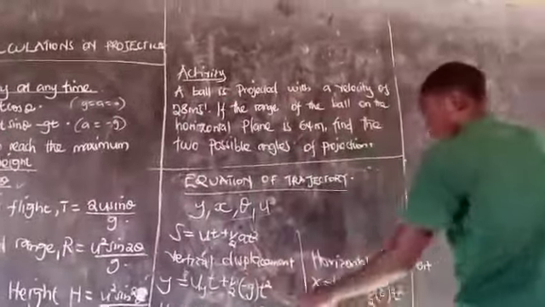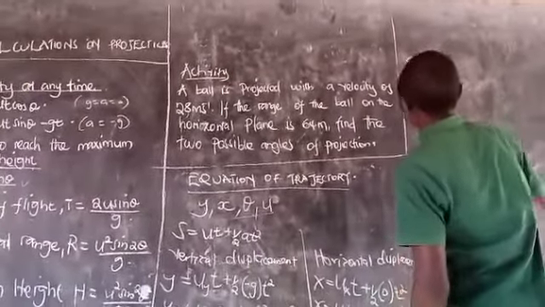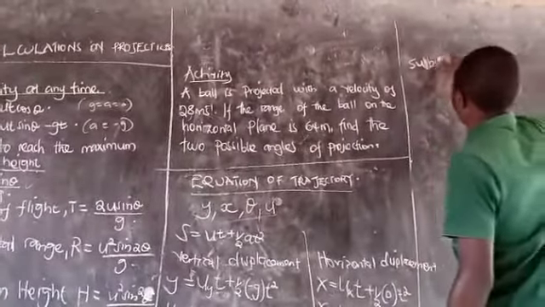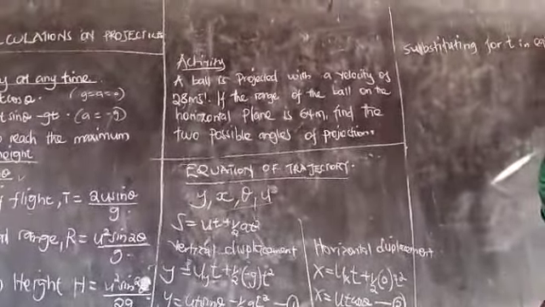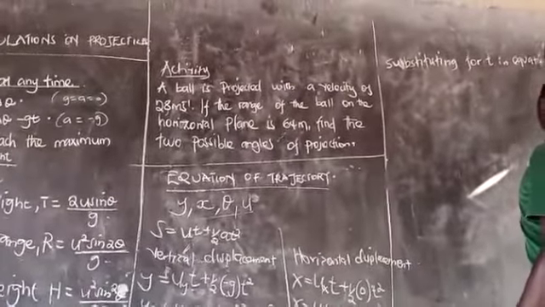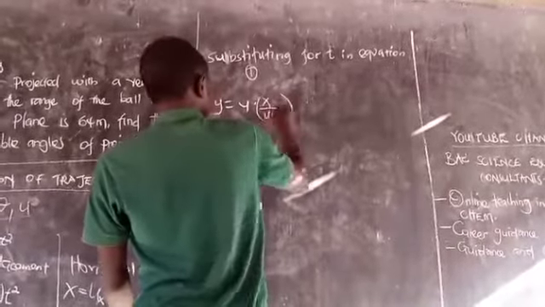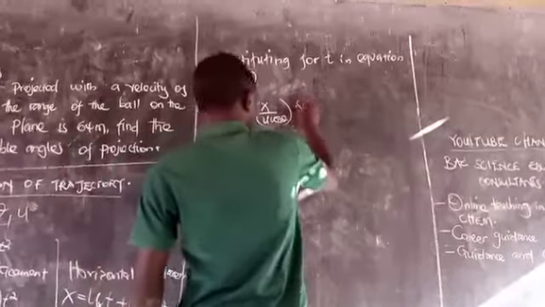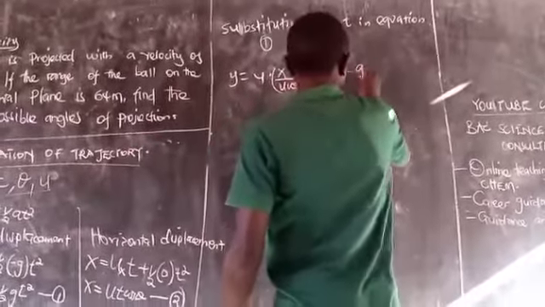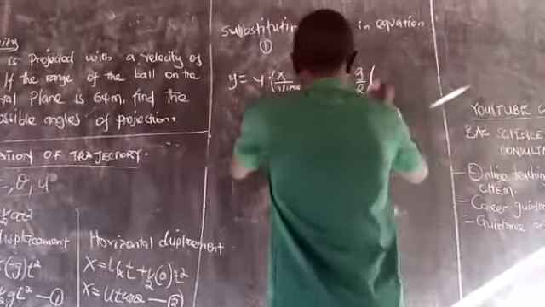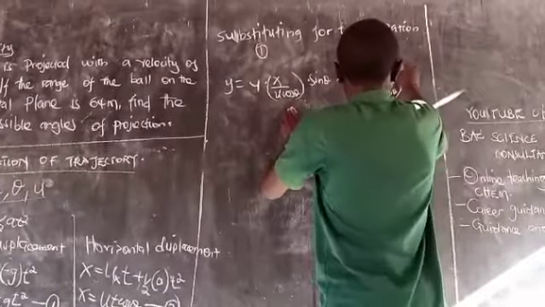Let's see. Substituting in equation 1, y equals u sine theta times x over u cos theta, minus g over 2 into t squared, which is x over u cos theta squared.